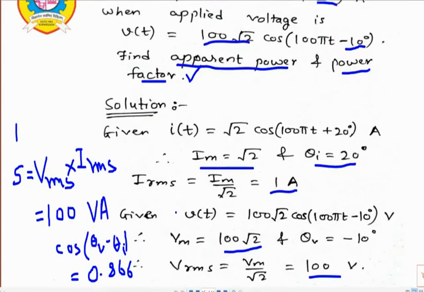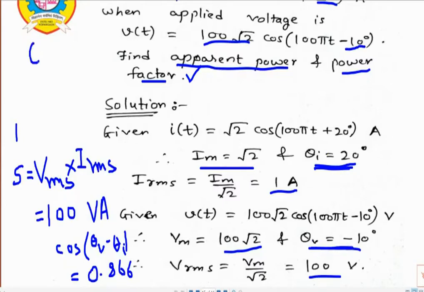Now, can you tell me whether the power factor is leading power factor or lagging power factor? And what will be the nature of the load? Okay. So, theta I is 20 and theta V is minus 10. Which one is greater, theta I or theta V? Theta I is greater than theta V. That means current angle is greater than voltage angle.